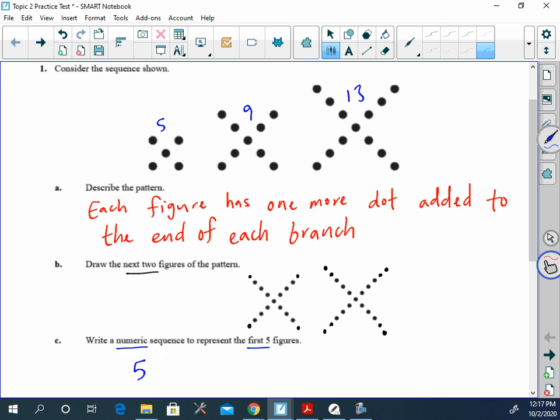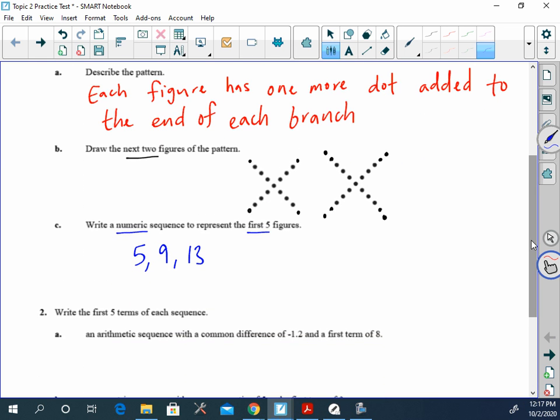The first one's 5, and then comma 9, and 13. And you can kind of see a pattern here. That one's going to have 13 and then 4 more, so we've got our 17. And then the last one here for the 5 would be 21. Okay, so that's question 1.